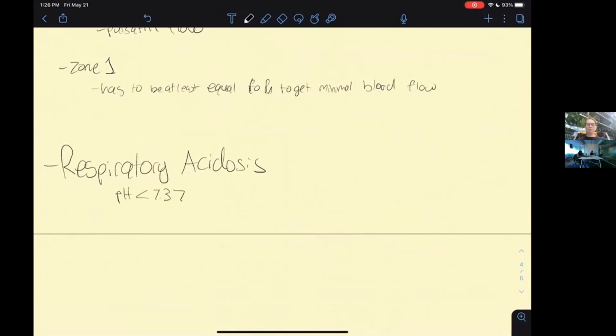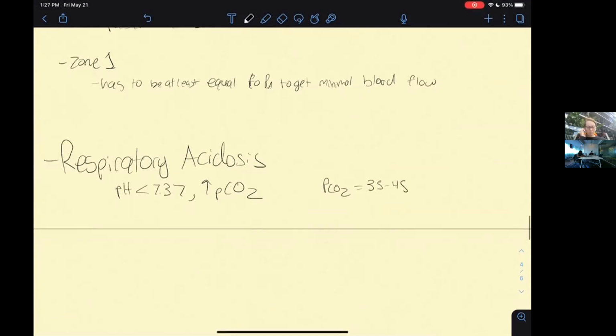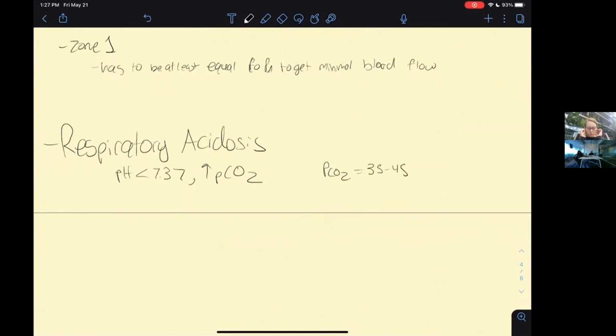And usually in respiratory acidosis, for some reason you have an increased PCO2, right? Normally PCO2 is supposed to be between 35 to 45. And generally what happens for compensation for respiratory acidosis is that there's going to be an increase of HCO3. And we'll get back to this compensation a little bit later.